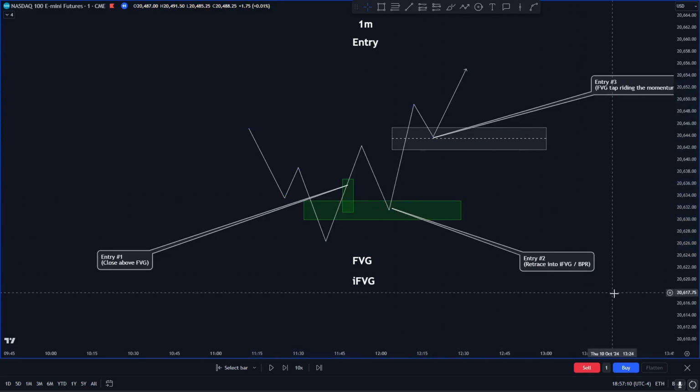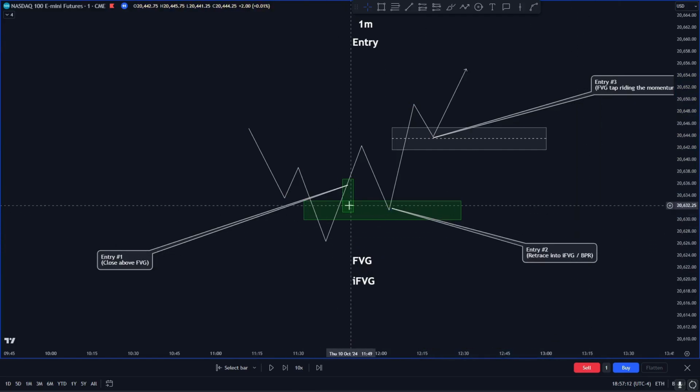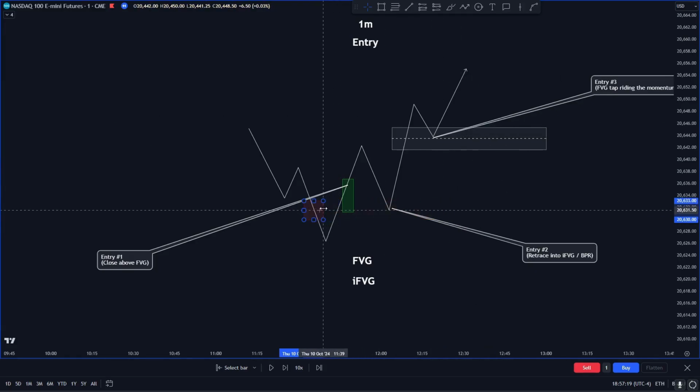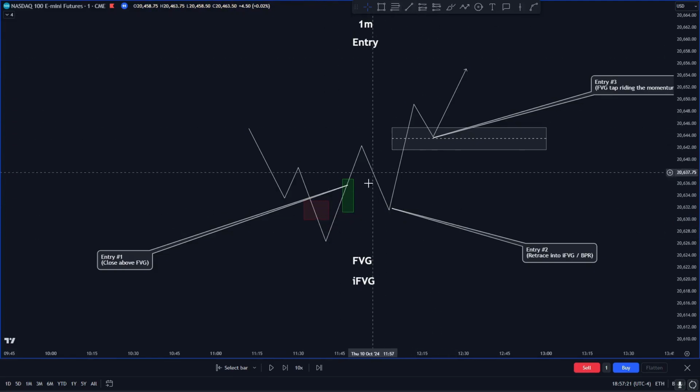It's even better if you get a BPR, a balanced price range. This bearish fair value gap that we closed above, while we were closing above, this candle right here opened up another fair value gap in its place.